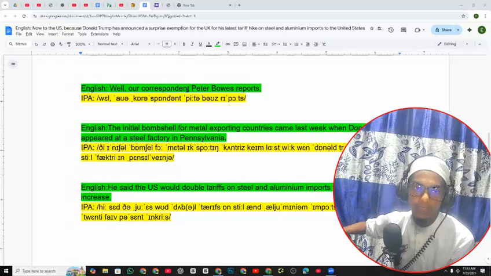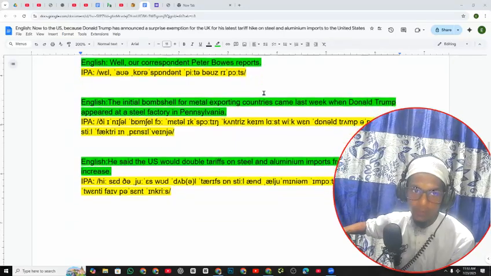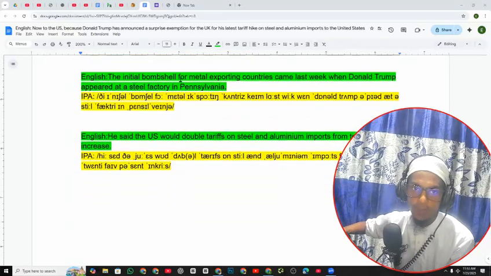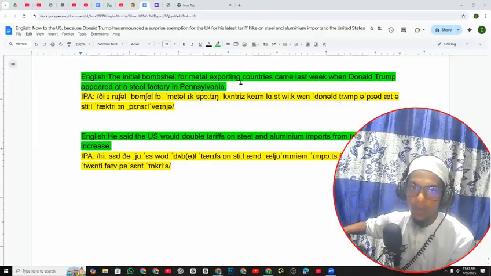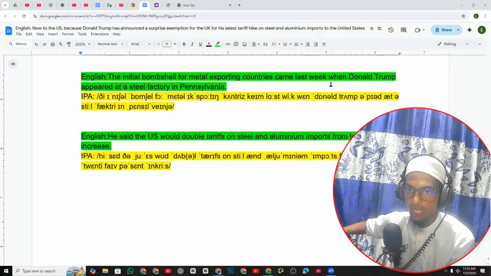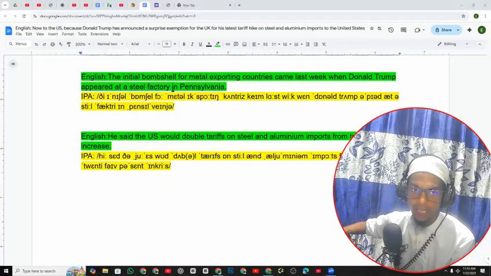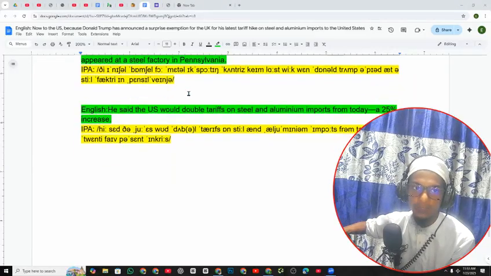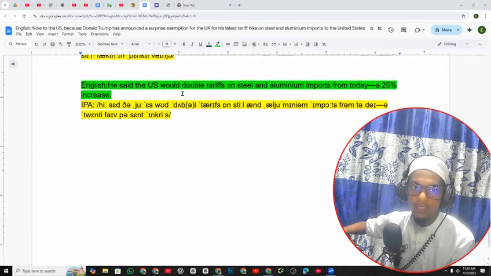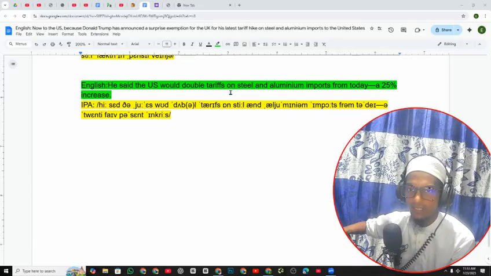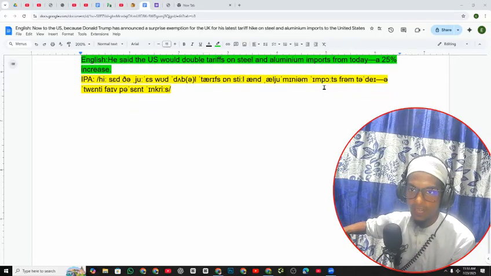Well, our correspondent Peter Bowles reports. The initial bombshell for metal exporting countries came last week when Donald Trump appeared at a steel factory in Pennsylvania. He said the US would double tariff on steel and aluminium imports from today at 25% increase.